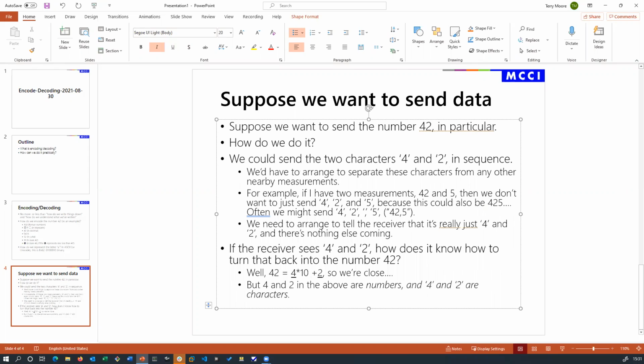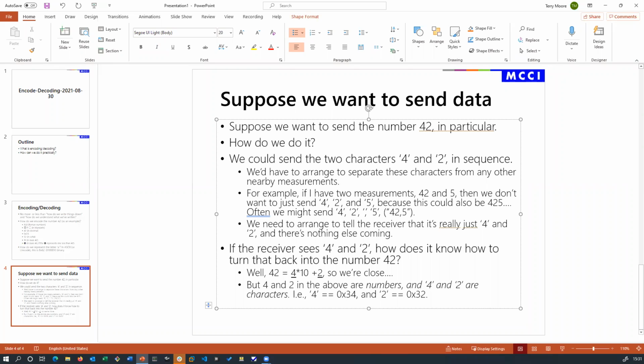In fact, the computer represents those as numbers that are equivalent to hex 34 and hex 32. Yes, I do happen to have these numbers memorized in my head. You end up doing this if you've been programming long enough.